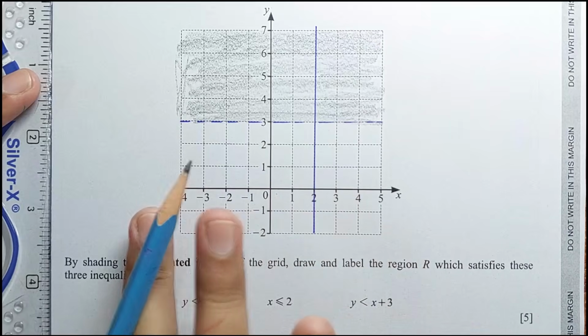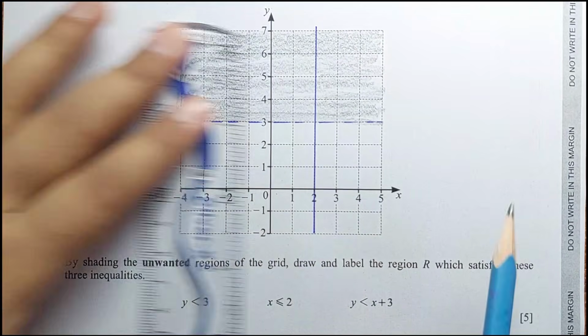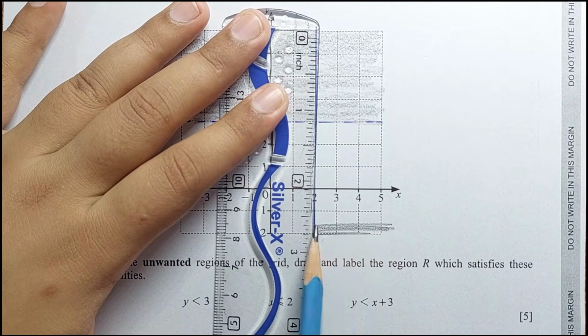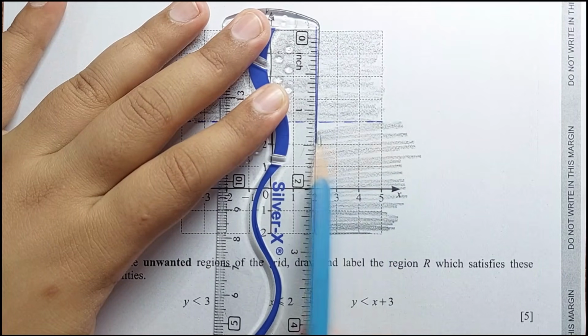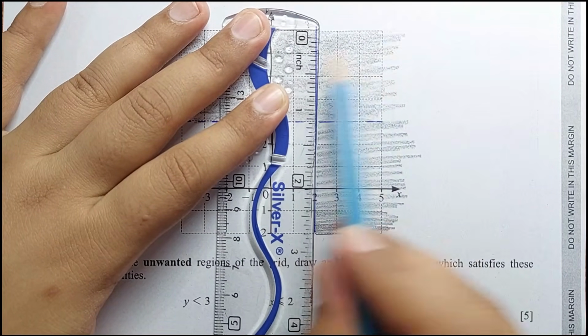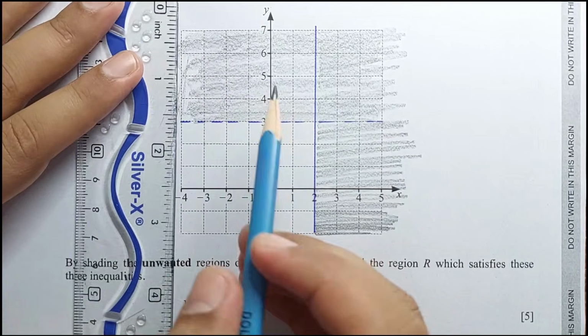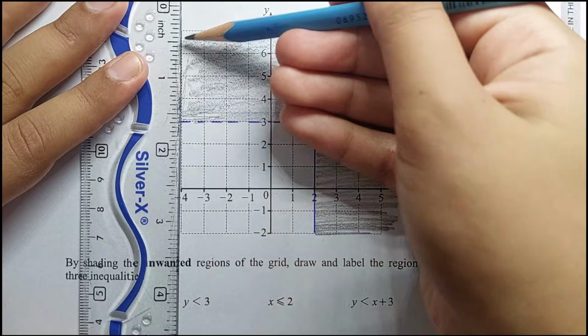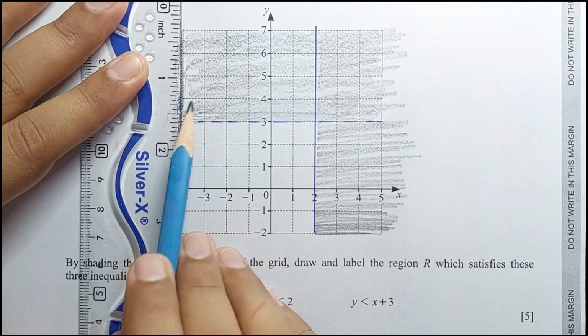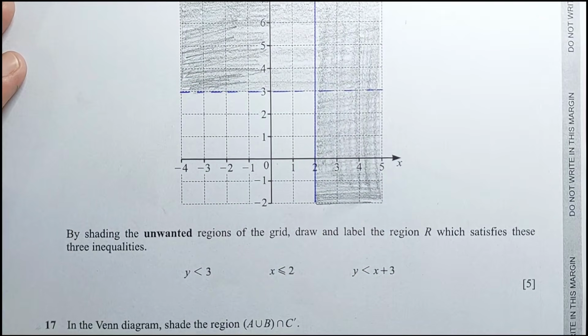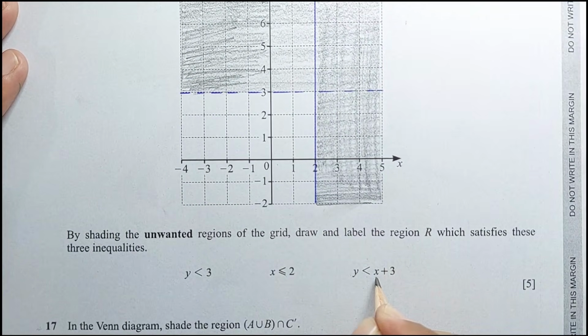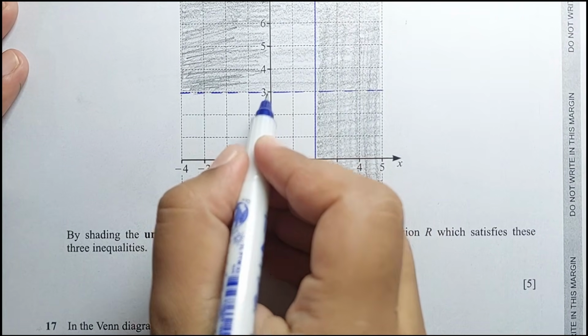And the second is x is less than or equal to 2. For x greater than 2, we do not need the values which are more than 2. This is the unwanted region, right? And the third one is the line y is less than x plus 3. 3 is the y-intercept.